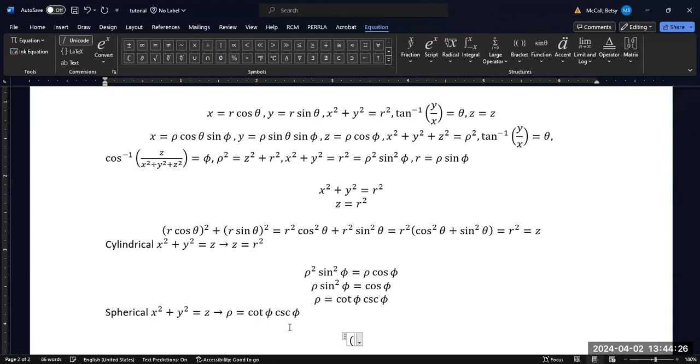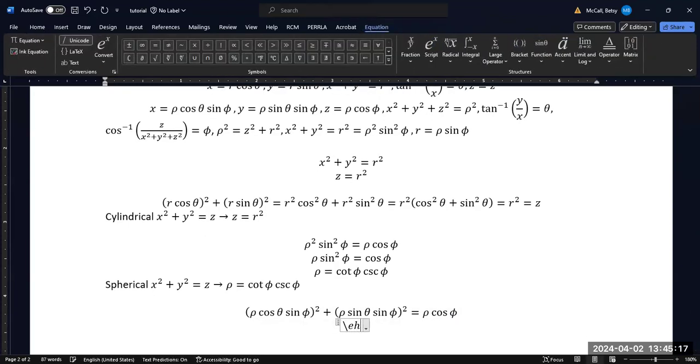So again, let me just walk through it again, just so that we're clear. x squared would be (rho cosine theta sine phi) squared, and then (rho sine theta sine phi) squared is equal to rho cosine phi. Again, you can't leave it like this.